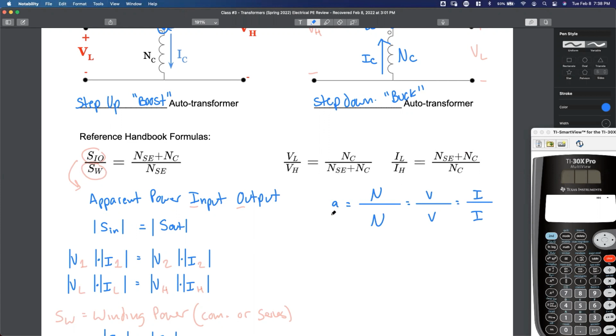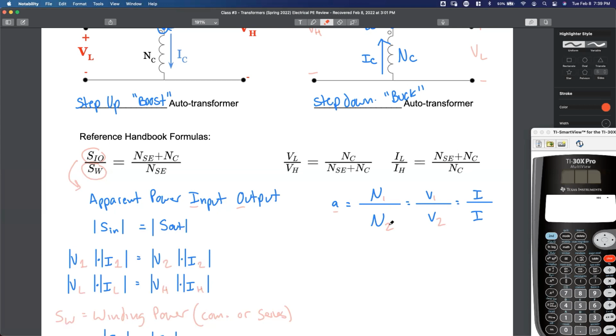So my A ratio, whether it's step up or step down, is always going to be the number of turns on the primary winding to the number of turns on the secondary winding, right? My transformer ratio is also going to equal the ratio of the voltage on the primary side to the voltage on the secondary side. All right, here's the trick.